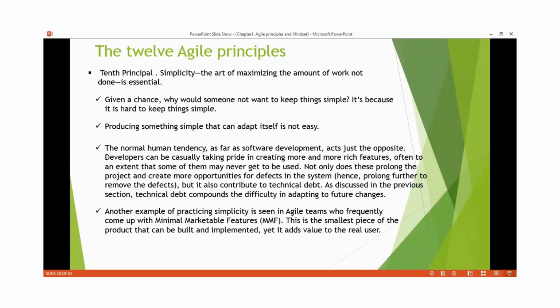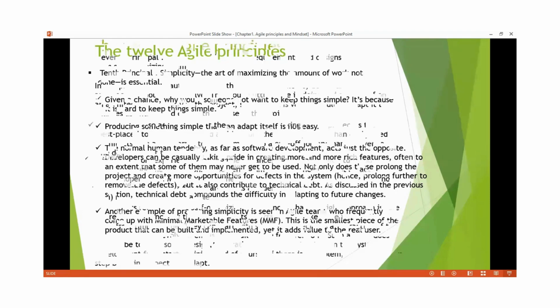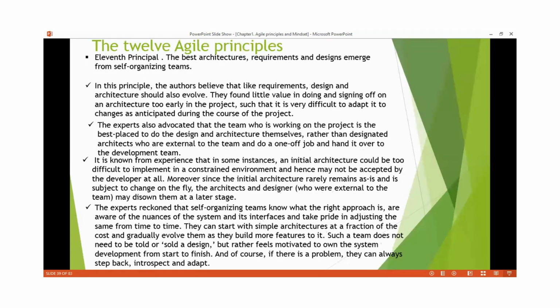Even when things become simple, beside working on the most prioritized activities, you can also work on the ones that are not essential, because you have a simple process. You will be able to produce an MMF, minimum marketable features, a small piece of the product that can be implemented, provide value for the user, and your marketing team will be able to promote it into the market.